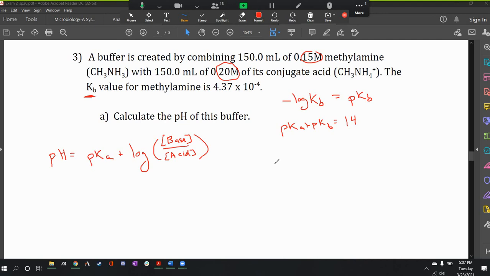The little p literally means taking the negative log of something. So pKb is the negative log of the Kb, and then we can get to the pKa from that. So let's do that. We do negative log of 4.37 times 10 to the negative fourth.